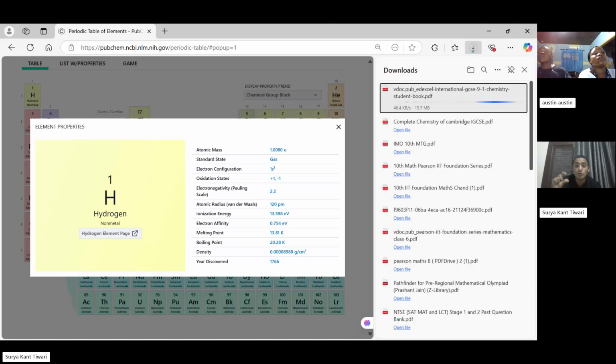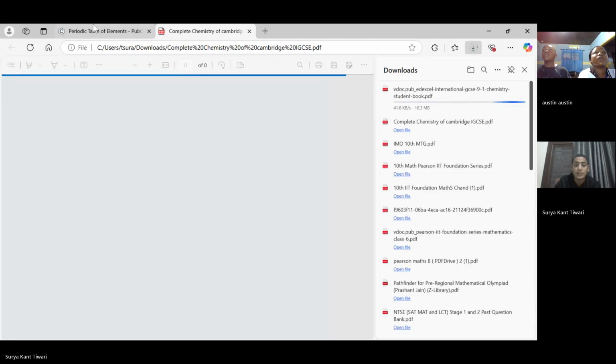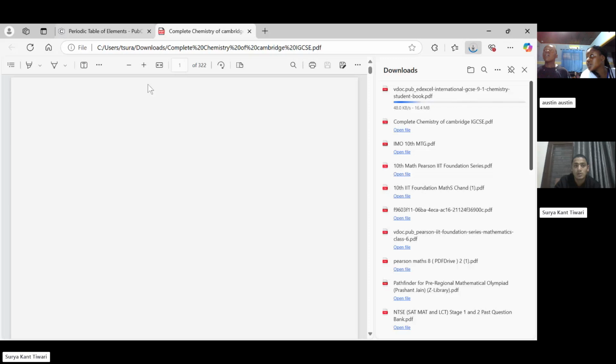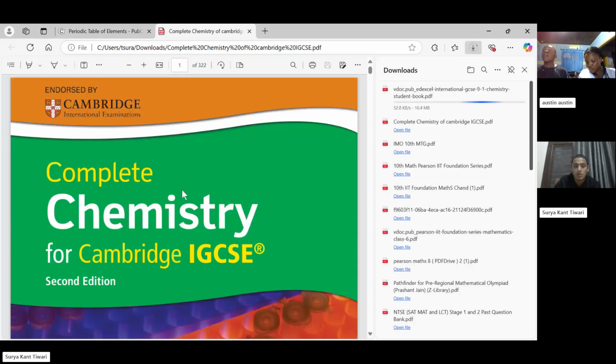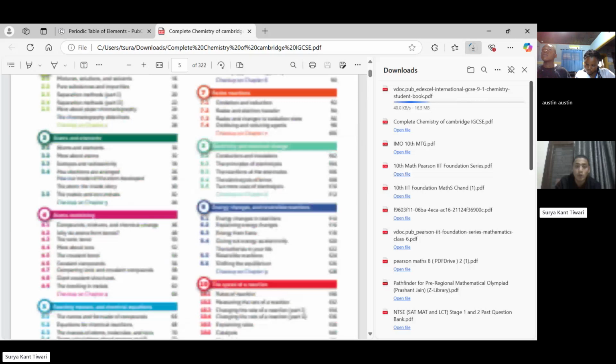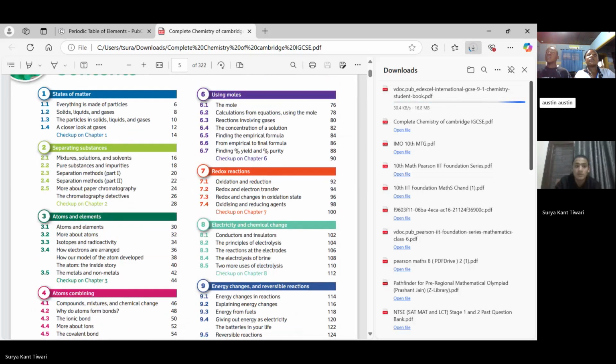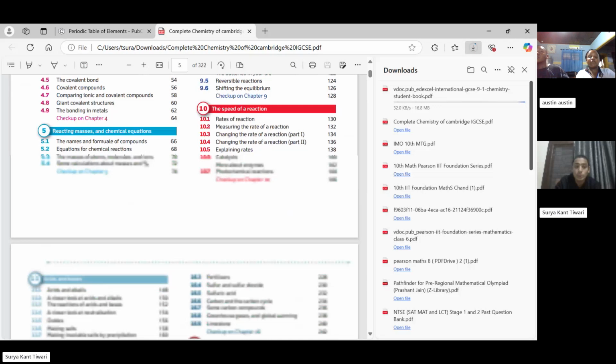What is the charge on the proton? Positive. And what is the charge on the neutron? Neutron is one more particle in the atom, but it has no charge.